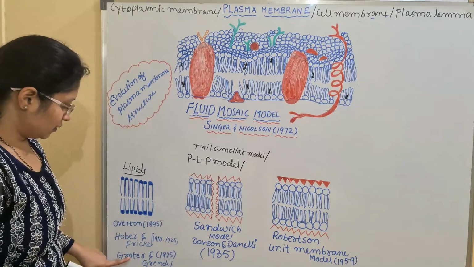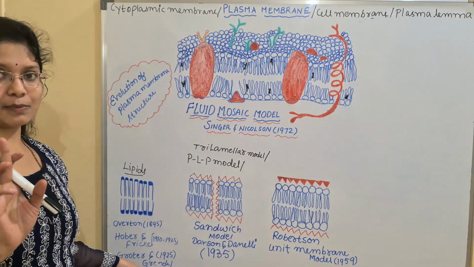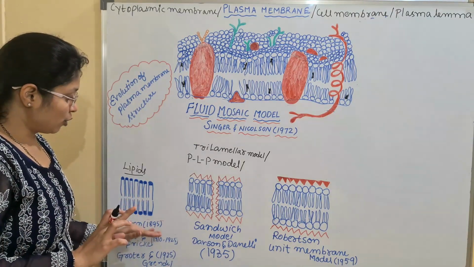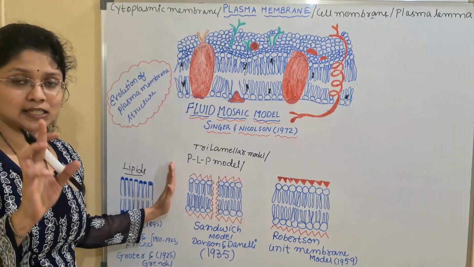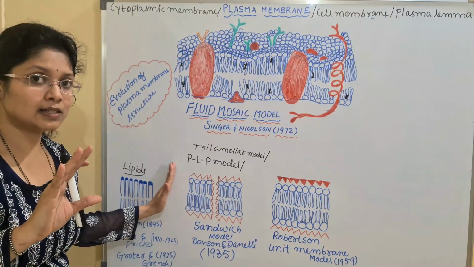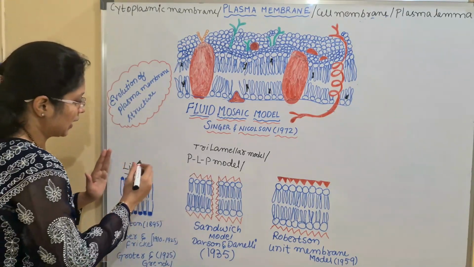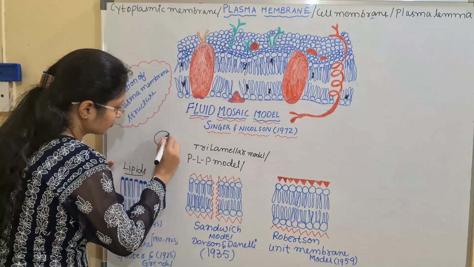And I have missed a point here, children. Gorter and Grendel also explained that these lipid molecules are arranged in such a way that they have two regions. What are the two regions? Hydrophobic and hydrophilic regions.